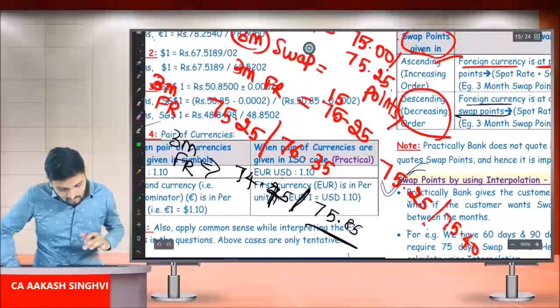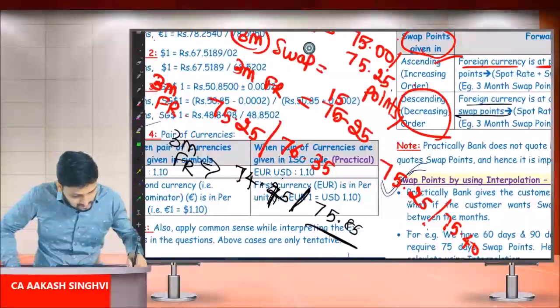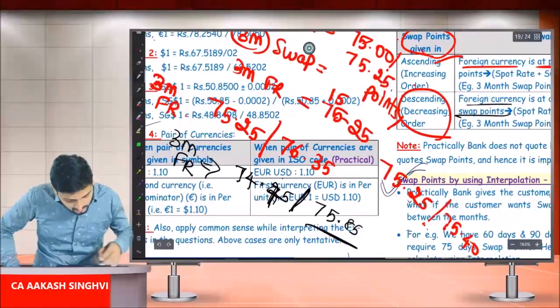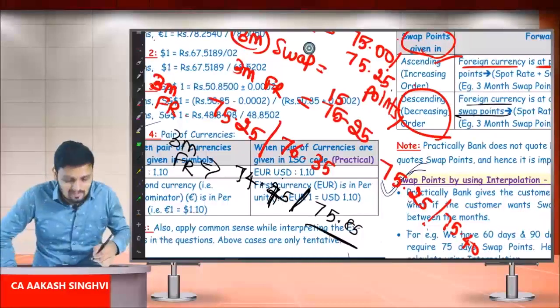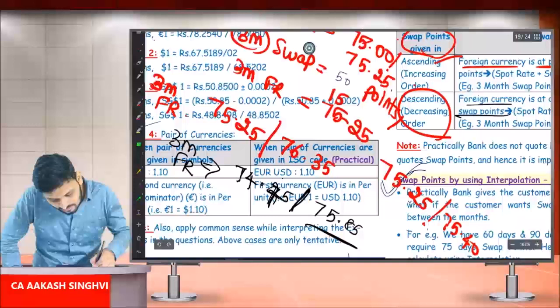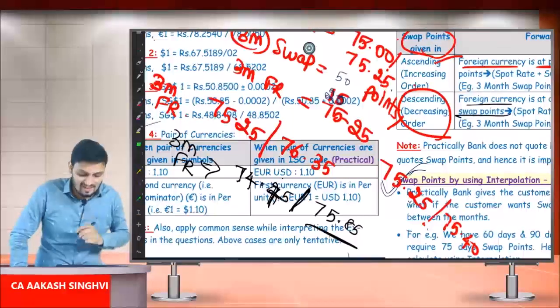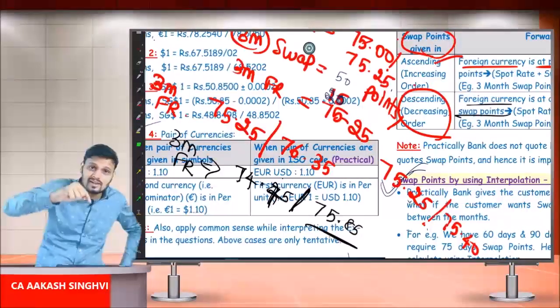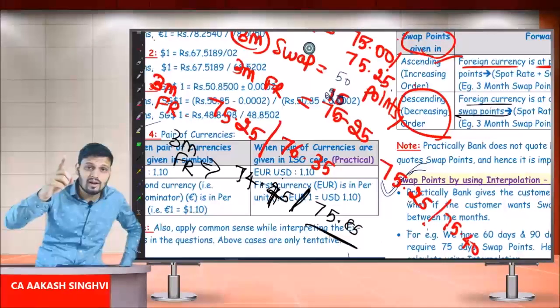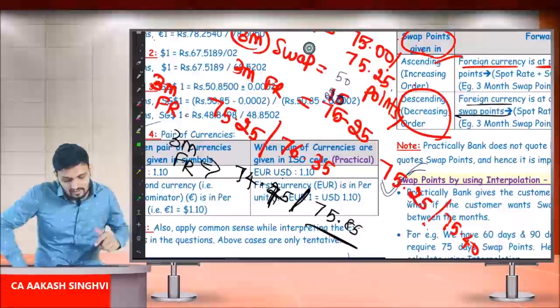I was not able to give you exactly what I was planning to explain. Just imagine swap points were 50/20. Now you will be able to understand. 50/20 means it is in descending order. If the swap points are in descending order, we have to decrease from the spot rate to get the forward rate.